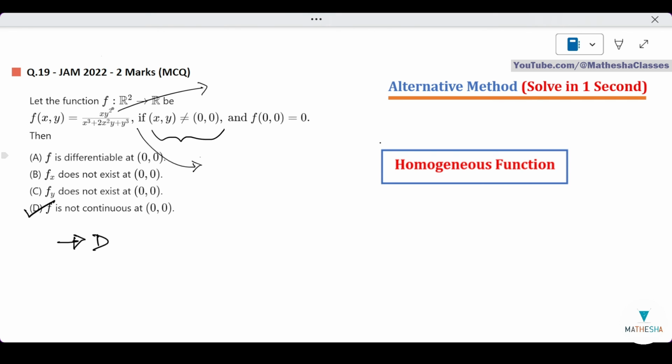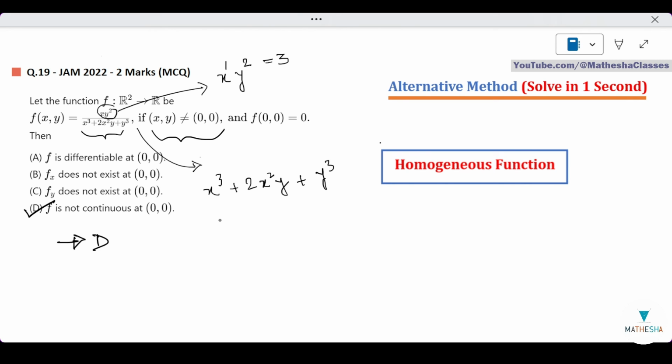जैसे न्यूमरेटर में एक ही टर्म है xy². अब देखिए केयरफुली दैट xy² इस टर्म में x का पावर है 1, y का पावर है 2, सो द टोटल इज 3. एंड डिनोमिनेटर में यू हैव 3 टर्म्स, x³ + 2x²y + y³.